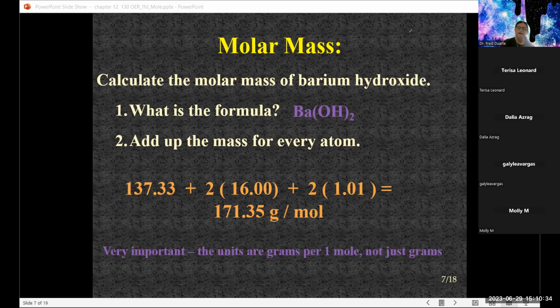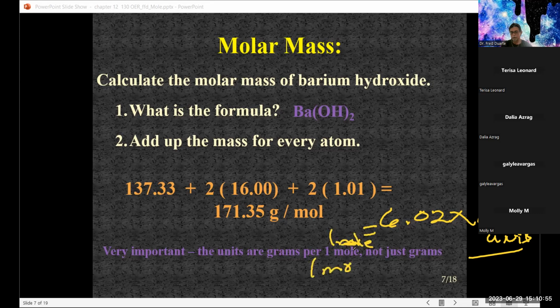No. Avogadro's number is equal to 1 mole. 1 mole is equal to 6.02 times 10 to the 23rd.